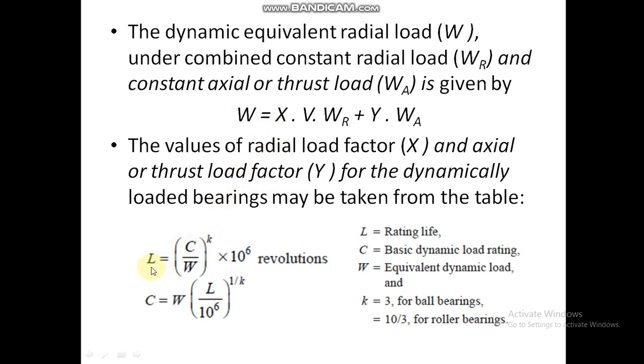This is the formula for the life of a bearing and this is the formula for basic dynamic load rating, which is a very important formula that will be used in the numerical. You should understand that this k, small k, is equal to 3 for ball bearings, and we will use this in our numerical.